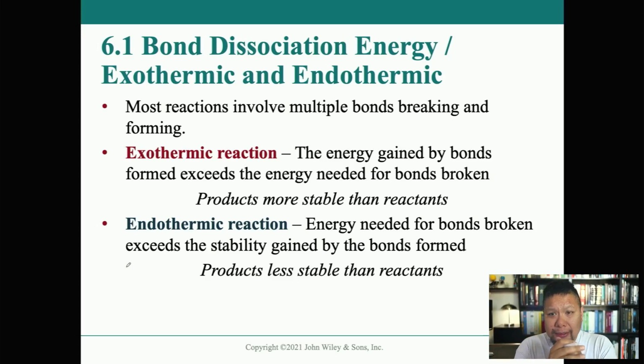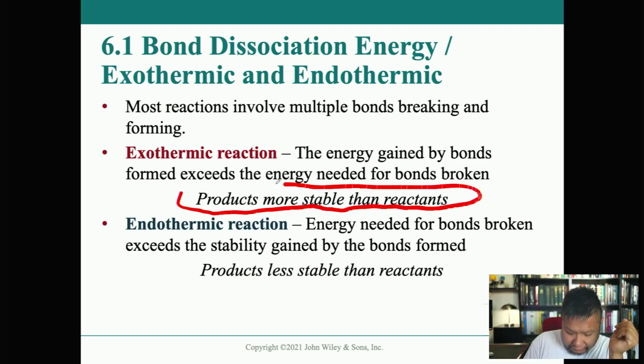In other words, the products are more stable than the reactants, and that's an exothermic reaction. That's the part you need to remember there. In an endothermic reaction, though, the energy needed to break bonds exceeds the stability gained by the bonds that are formed.